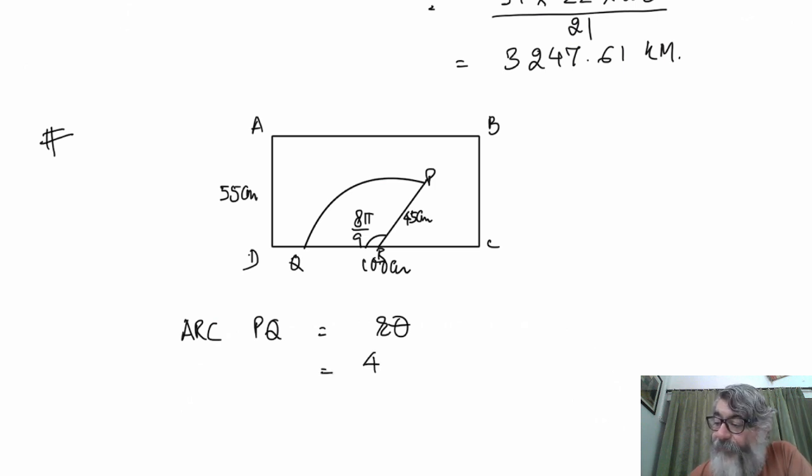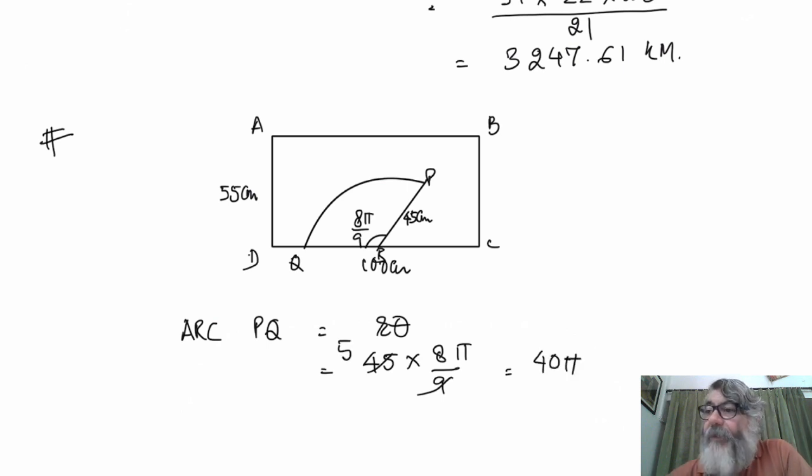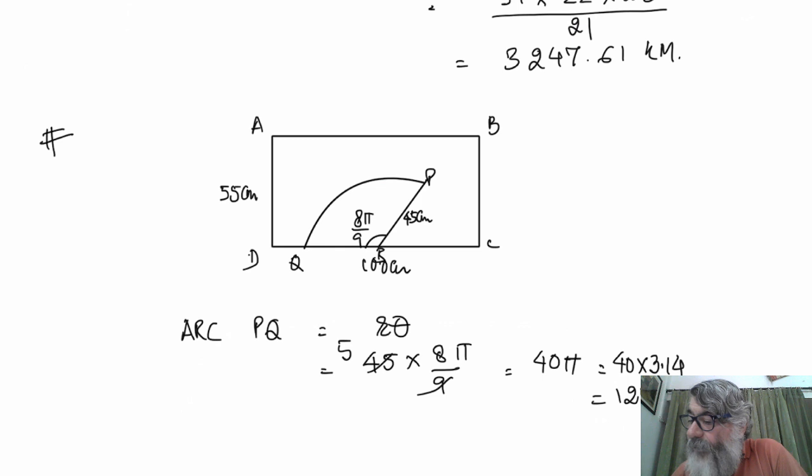R is 45. Theta is 8 pi by 9. 9 fives are 45. 5 eights are 40 pi. The length of the arc is 40 pi, and if you take pi as 3.14, it comes out to be 125.6 centimeter, which is approximately 126 centimeter.